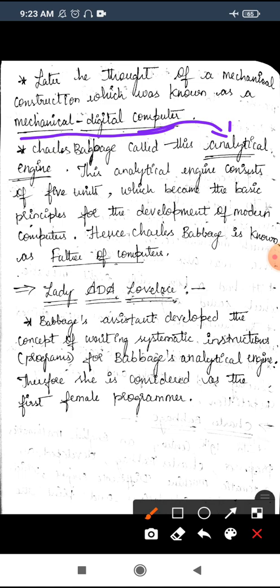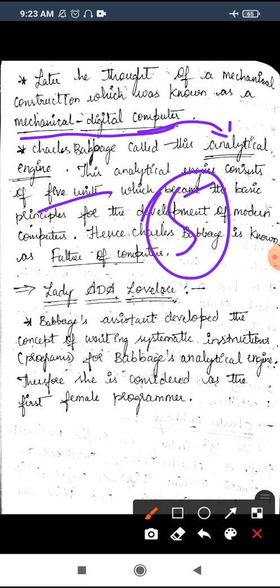So what does the analytical engine consist of? It had 5 basic units. Whatever modern computers have, all 5 basic units, like input unit, output unit, storage unit, memory unit, CPU unit, were present in Charles Babbage's computer.